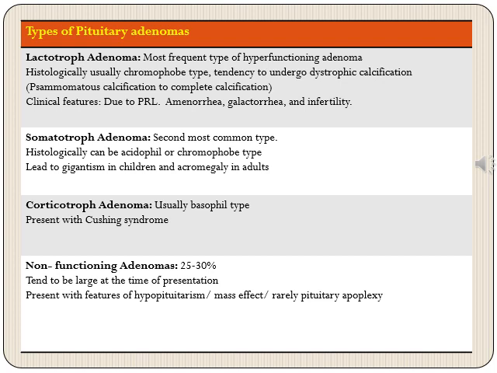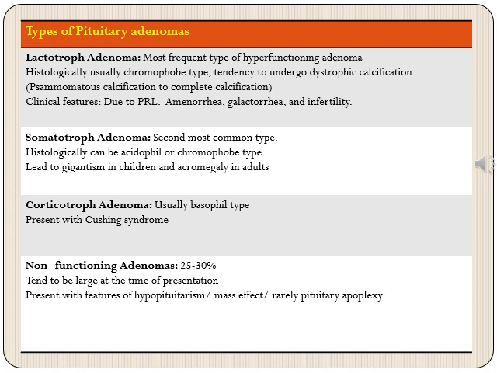These three symptoms are easily identifiable in females in the reproductive age group, but if the patient is male or a female in the post-reproductive age group, these tumors can be a little difficult to diagnose, as the classical features due to prolactin can be absent.